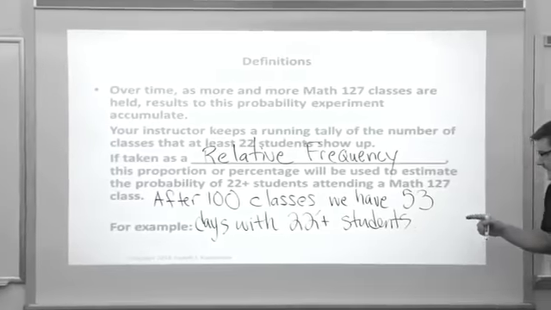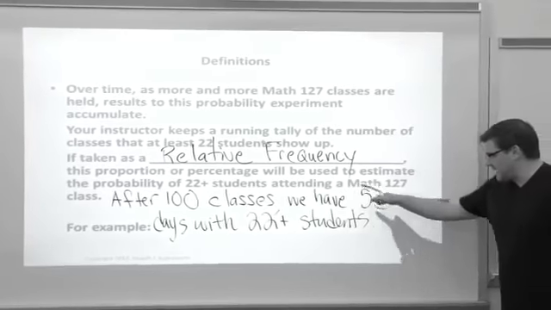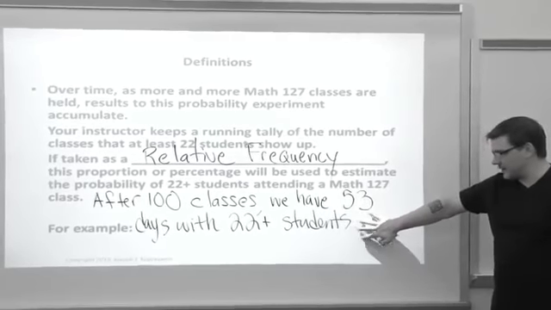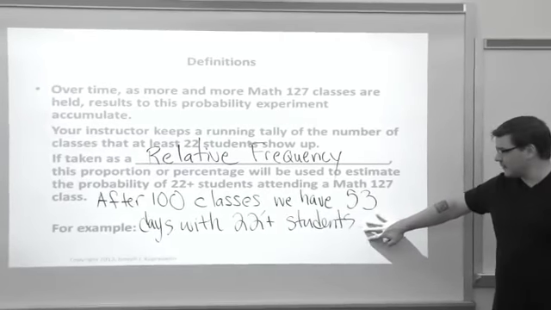So after 100 classes, down at the bottom of that page, I count them up, I keep good records. I have 53 days with at least 22 students showing up out of 24.